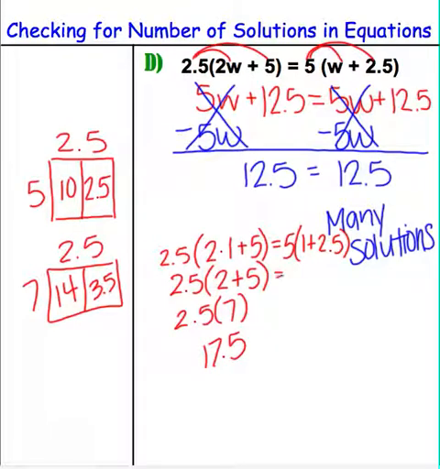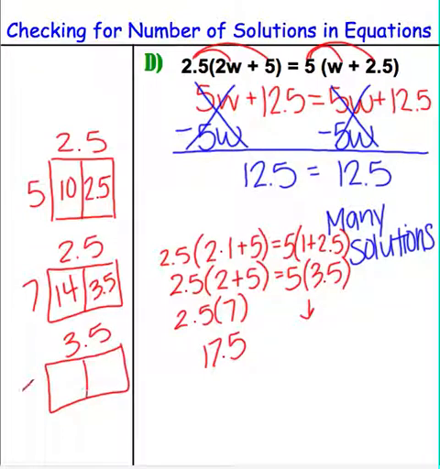And on the other side, I get 5 times 3.5, which is 5 times 3 to get 15, and half of 5 is 2.5. I add those two together, 15 plus 2.5 is equal to 17.5, which shows that yes, 1 is a solution. I could also try many other ones and should get the same value.